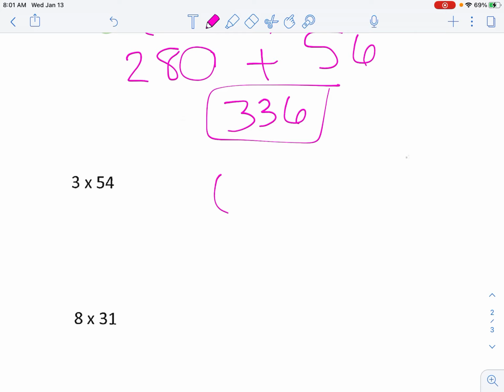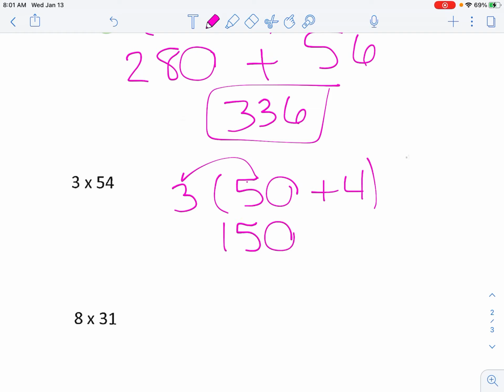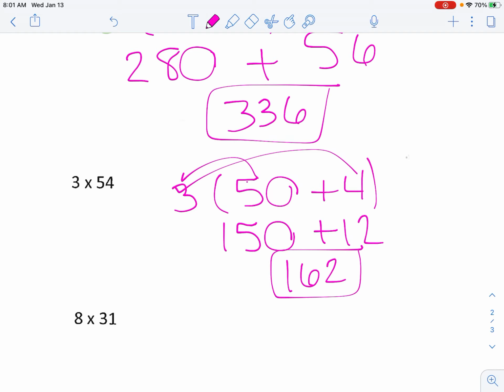But if you can think about the number 54 as being 50 plus 4, and then multiply each of those times 3, then you could solve it very quickly. We know 3 times 5 is 15, so if we add a 0, 3 times 50 is 150. Now we're going to distribute the 3 to the 4. We all know 3 times 4 is 12. Add those two numbers together, we got 162.